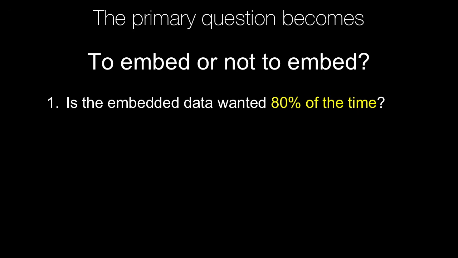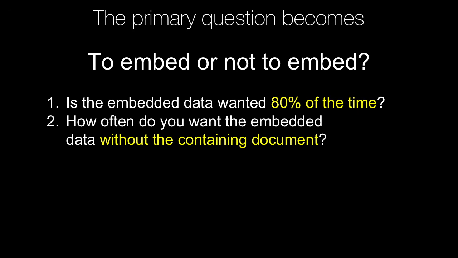So if our website lists books and that listing has the number of ratings and the average rating and things like that listed as part of the listing, you pull up a book, maybe the ratings and the reviews are shown right there. Most of the time we have the book, we have the ratings involved somehow, then we would want to embed the ratings within the book, right? That's what we did in our data model. We said, yes, actually we do want the ratings most of the time.